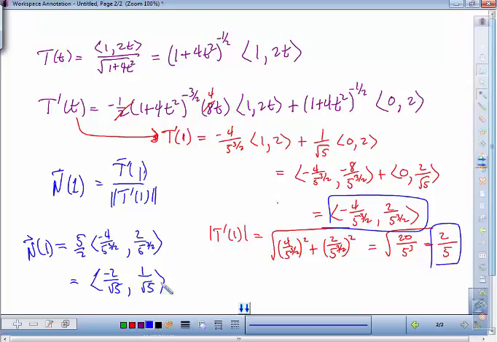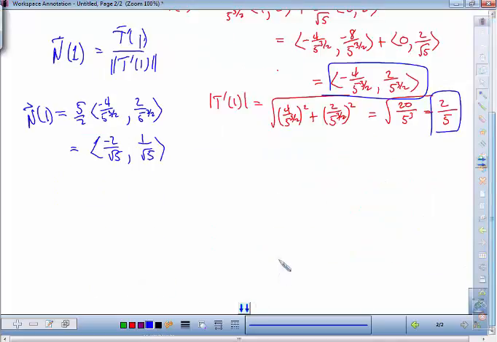Wow, that was a pain. Let's at least check that this is unit length. So square, add, should equal 1. All right, we got ourselves a unit vector.